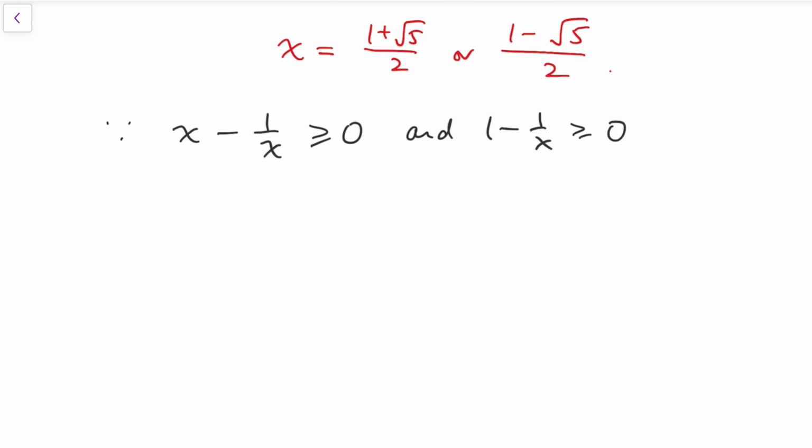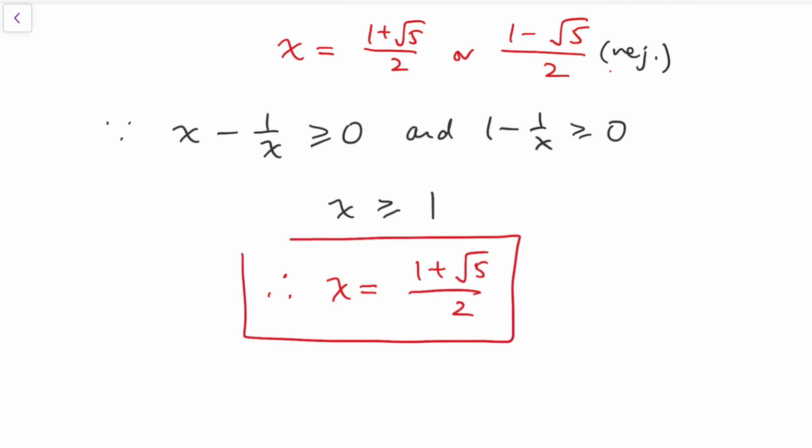But apart from being equal to 1, x also has to be larger than 1. So it's either larger than 1 or equal to 1. And we can see that 1 minus root 5 over 2 will not satisfy this. So we have to reject that solution, and we conclude that the only solution to this equation is 1 plus root 5 over 2. So this is the final answer.